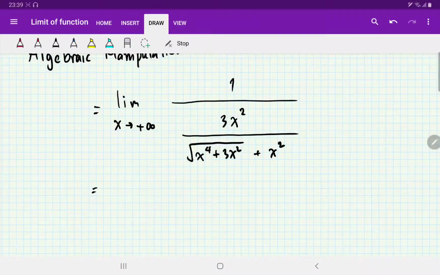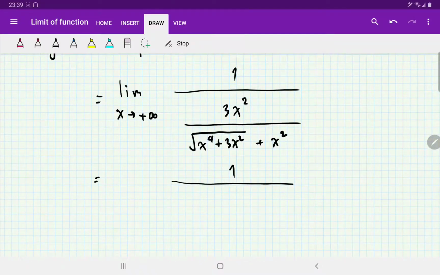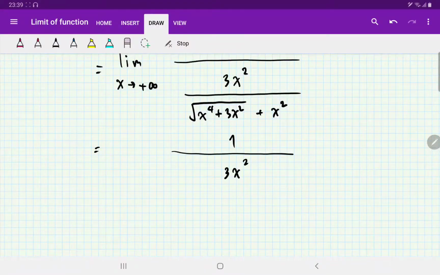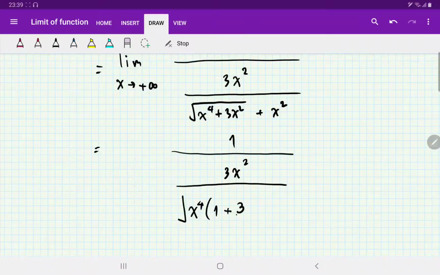So now we have the numerator as 1, and the denominator is 3x squared over the square root of x power 4 times 1 plus 3 divided by x squared. This is the easy way to find the limit without L'Hopital's rule.